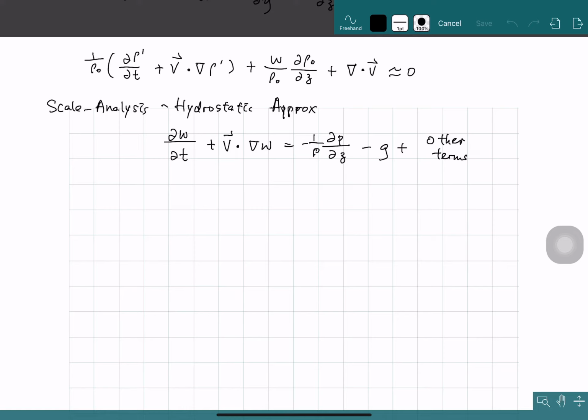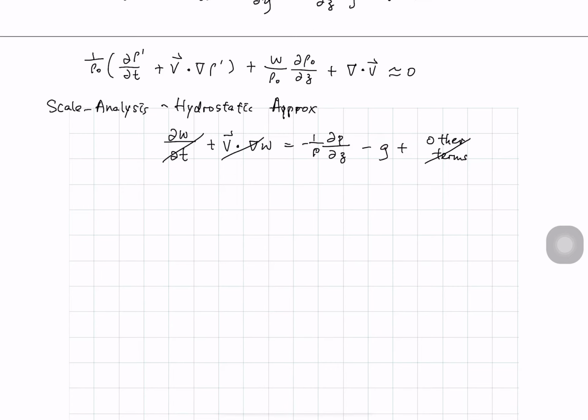Okay, so from the scale analysis, we know that these terms are gone. Okay, so that's why we are saying that the atmosphere is in hydrostatic balance for larger scale motions. We crossed them out also for synoptic scale motions because all the textbooks are focusing on synoptic scale motions. So for anything smaller than that, this doesn't work.